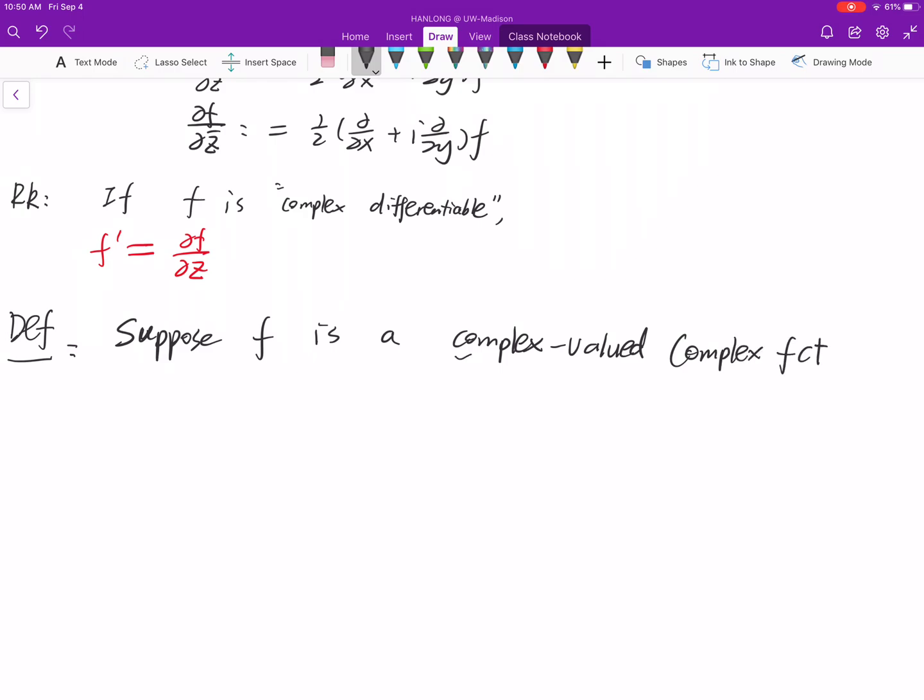Complex valued means u plus iv. Complex function means your variable is x and y, x plus iy.